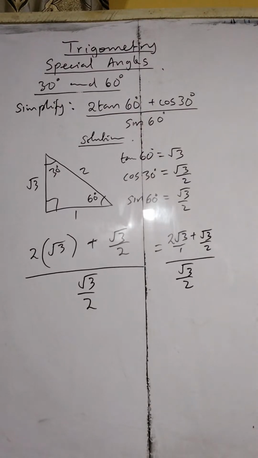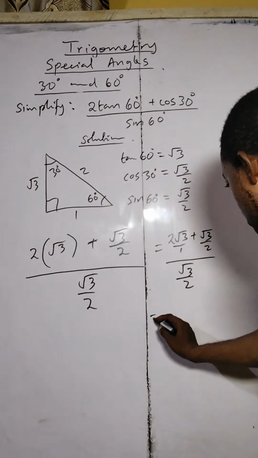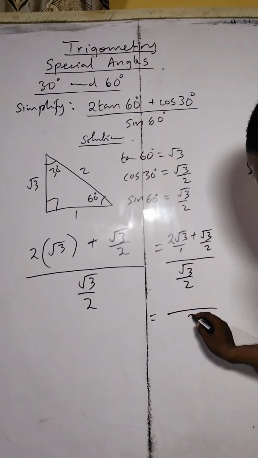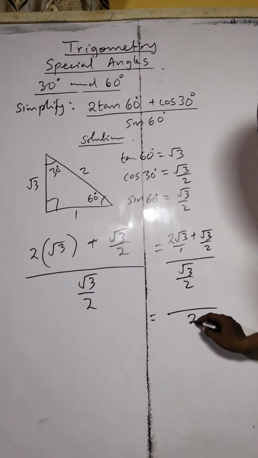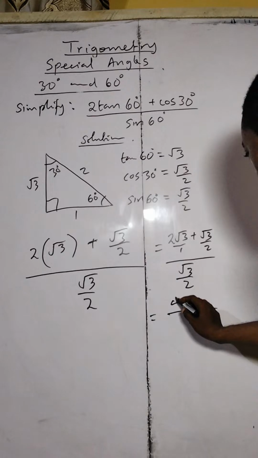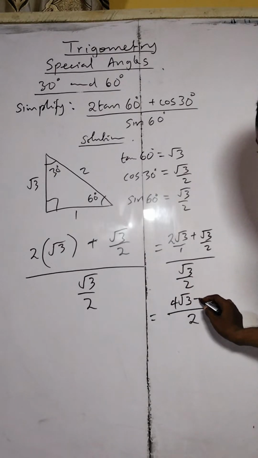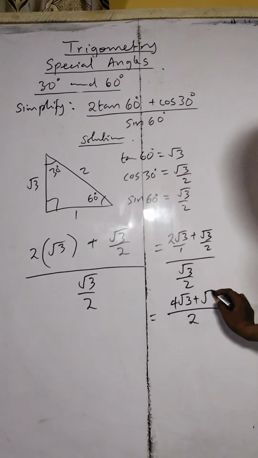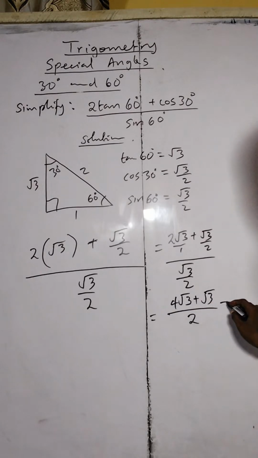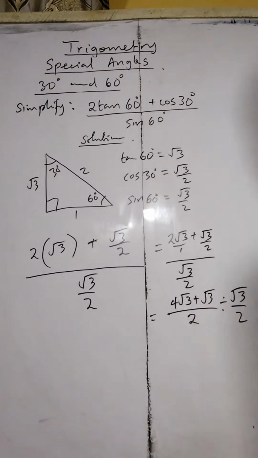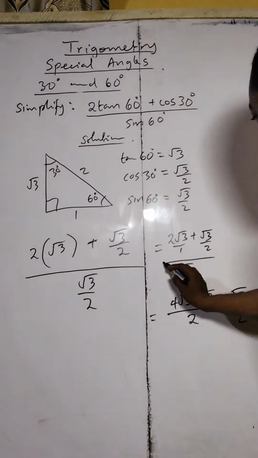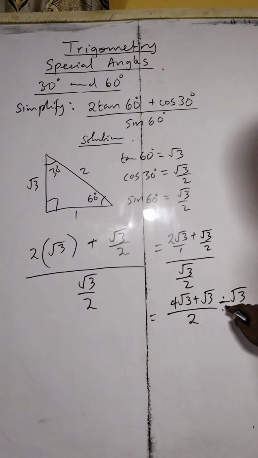Here the LCM is 2. So 2 times 2 root 3, that's 4 root 3, then plus root 3. Then we change this as divided by root 3 over 2. This division is the same thing as division like this.